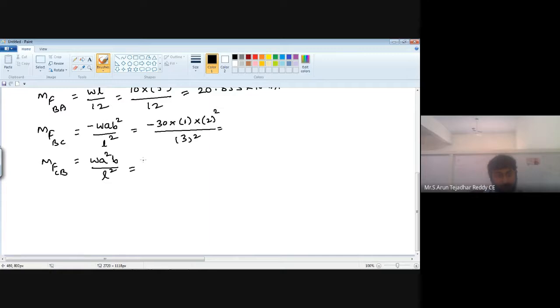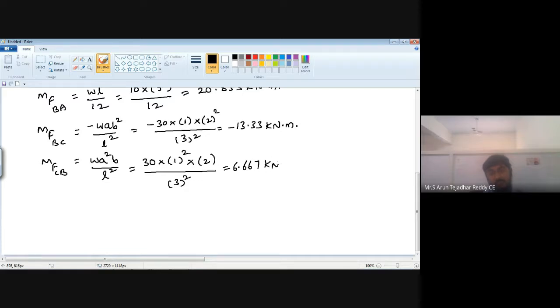Now W is 30 into A square, 1 square, into B, 2, by 3 square. Now what is the value for MBC? It is minus 13.33 kilonewton meter, and here it is 6.667 kilonewton meter.